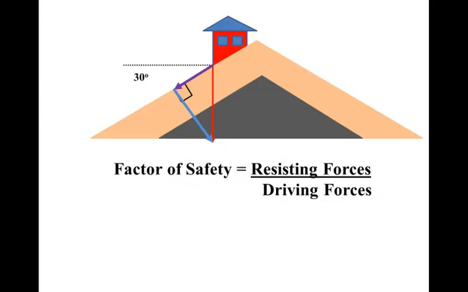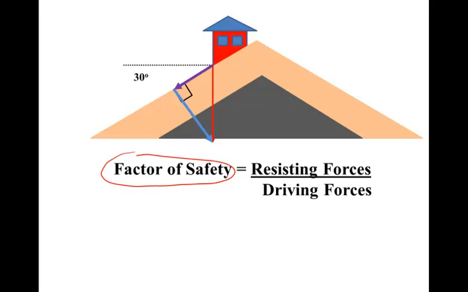Factor of safety is a measure of how stable the slope is. How large are the resisting forces relative to the driving forces? As resisting forces get larger and driving forces get smaller, factor of safety becomes larger, and the slope is more stable.